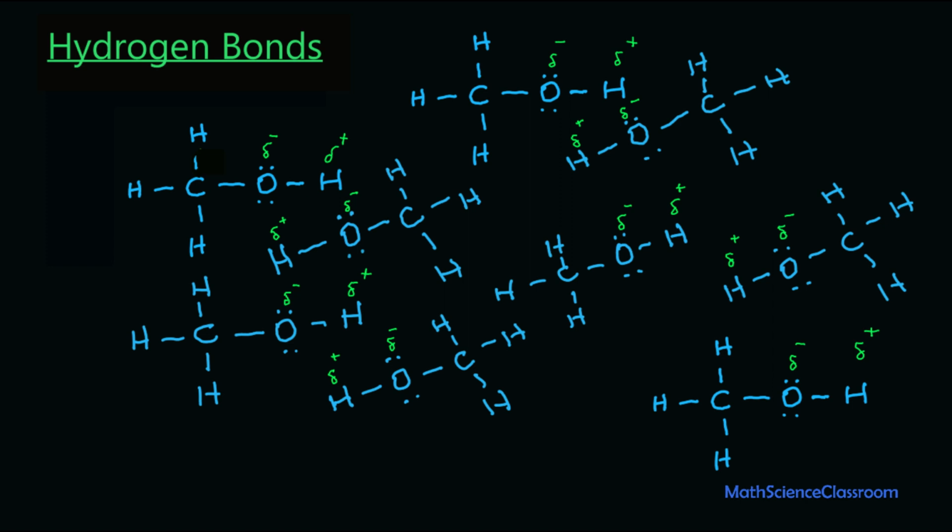So this lone pair will be attracted to this hydrogen and will form a bond, and this hydrogen will be attracted to this lone pair. Notice that we have a partial negative charge on the oxygen and a partial positive charge on the hydrogen.